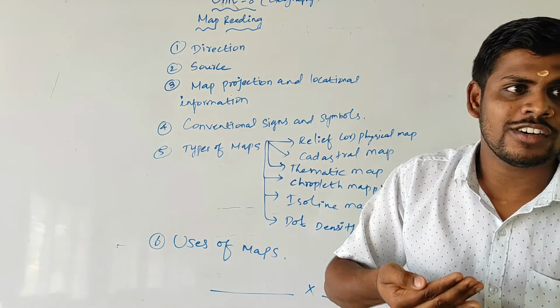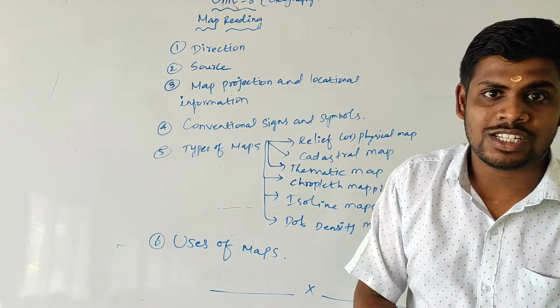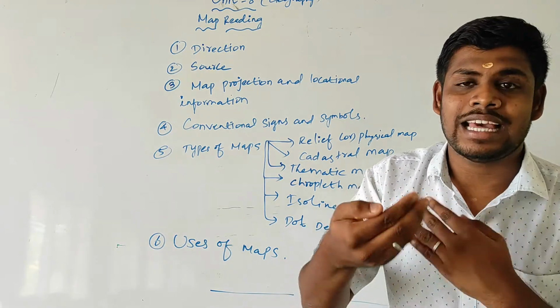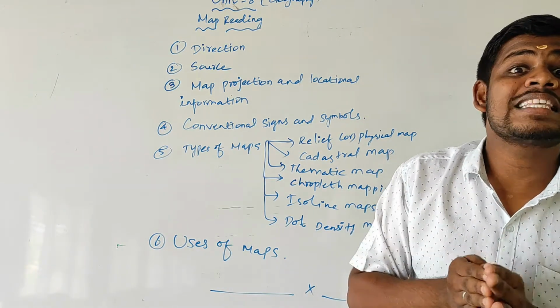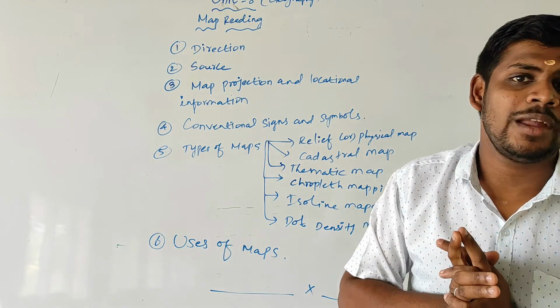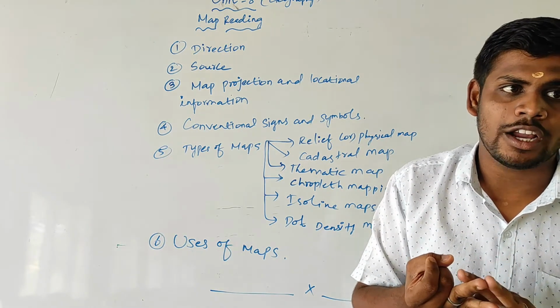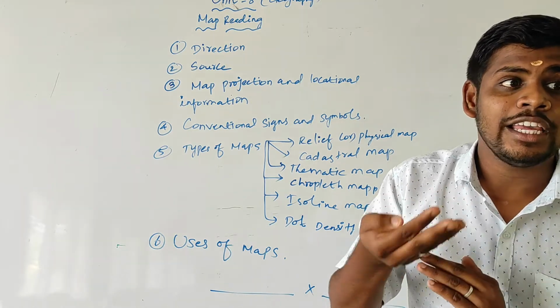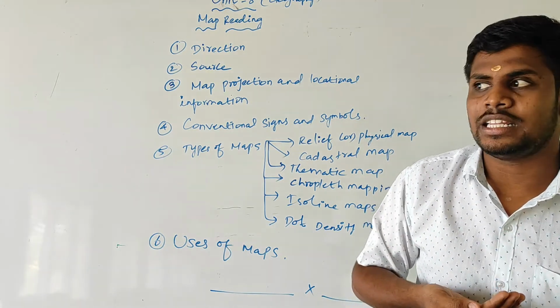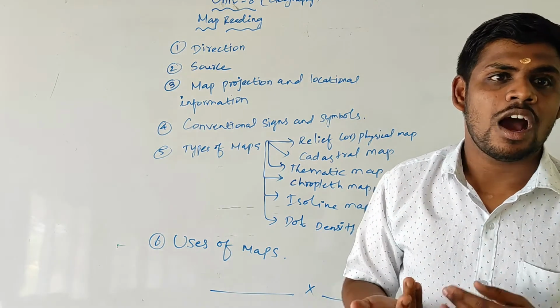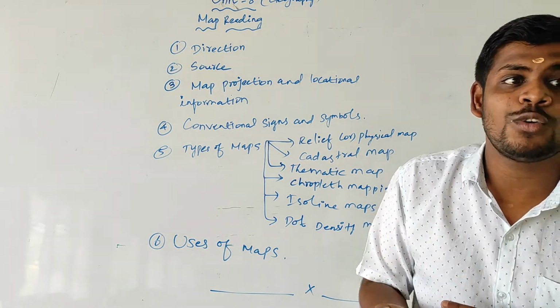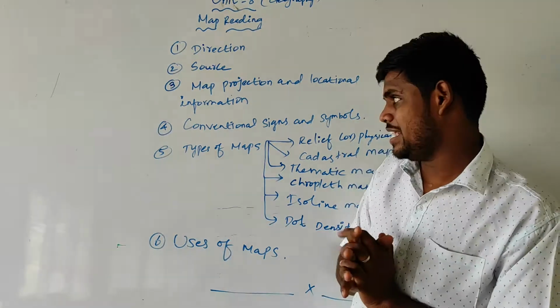So cartographers use map projection while mapping the earth's surface, which helps to reduce the distortions. Latitudes and longitudes marked on maps give the location information of the area covered by the respective maps.